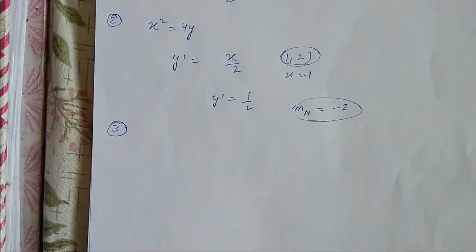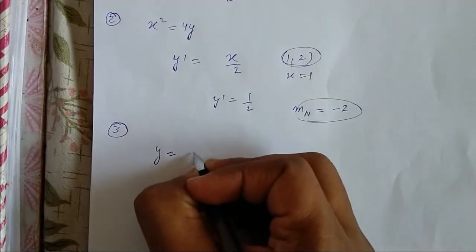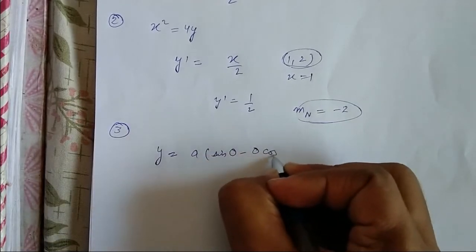Moving on to question number 3. The perpendicular distance from origin to the normal at any point to the curve x is equal to a cos theta plus theta sin theta, and y is equal to a sin theta minus theta cos theta.